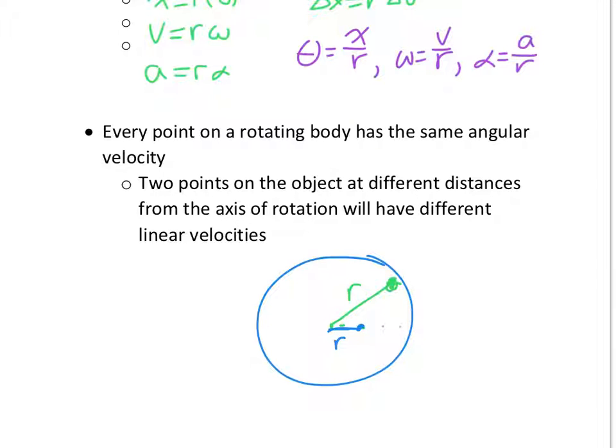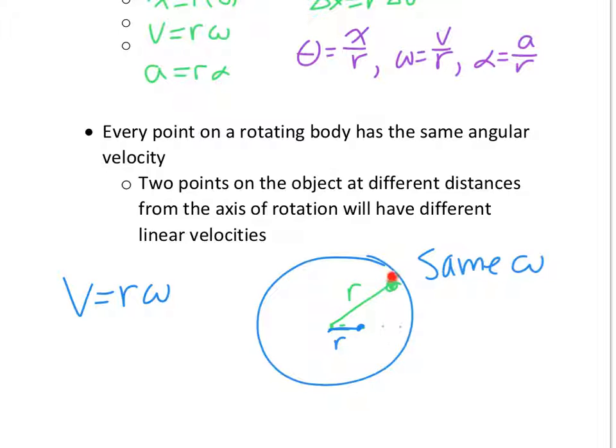You're going to have the same omega because your angular position is changing at the same rate. However, you're going to have different v. And remember, v equals r omega. So the larger your radius, the larger your linear speed.